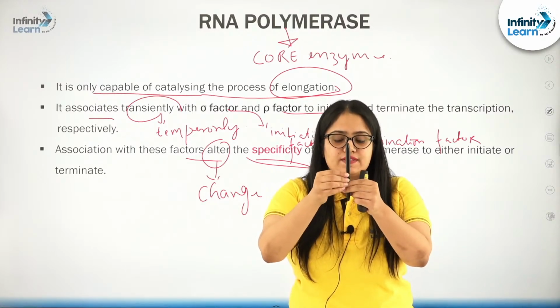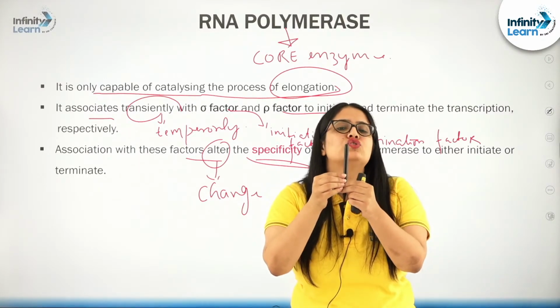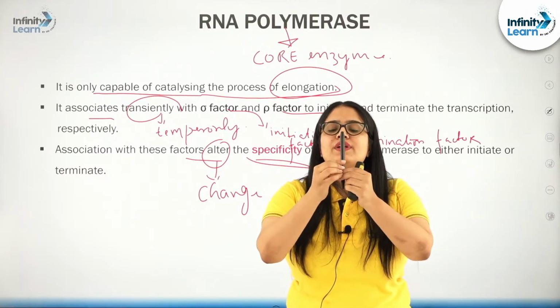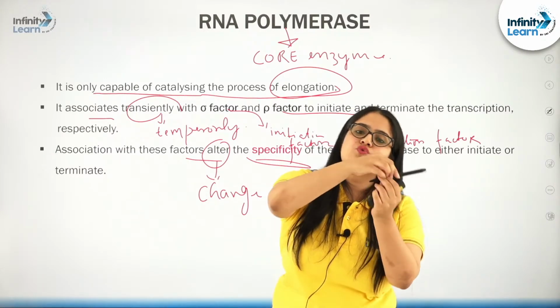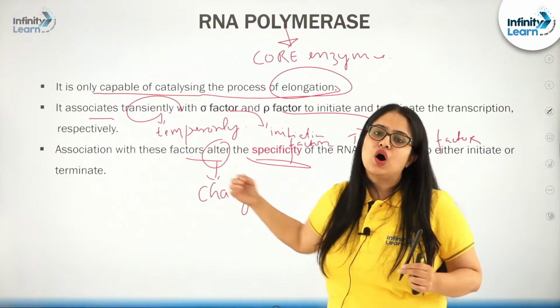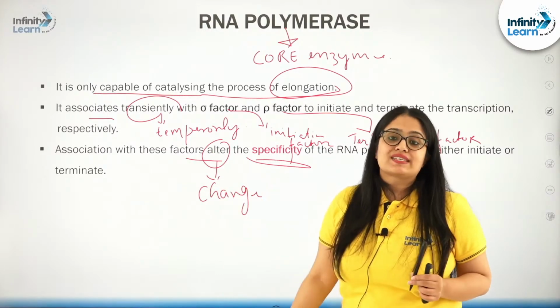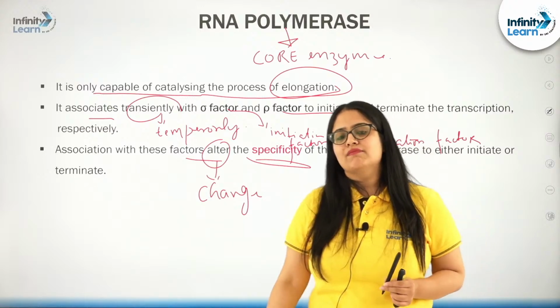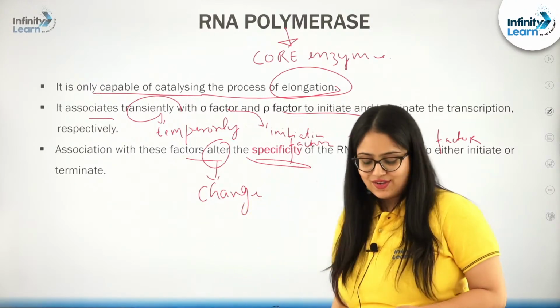This RNA polymerase will do initiation when it binds with sigma, and it will do termination when it binds with rho factor. So, this is how the specificity of RNA polymerase gets altered when it binds to sigma and rho factors.